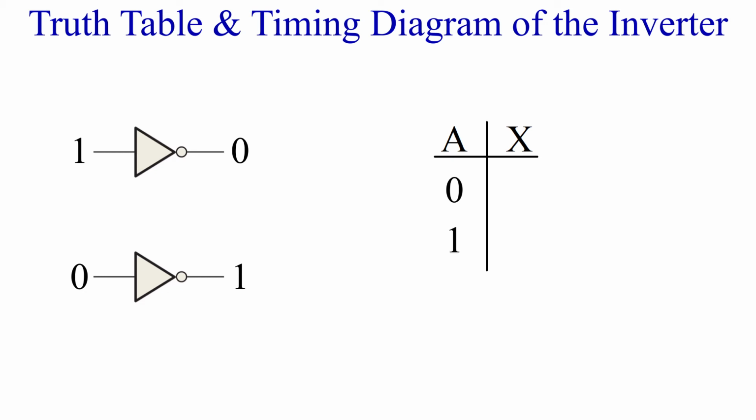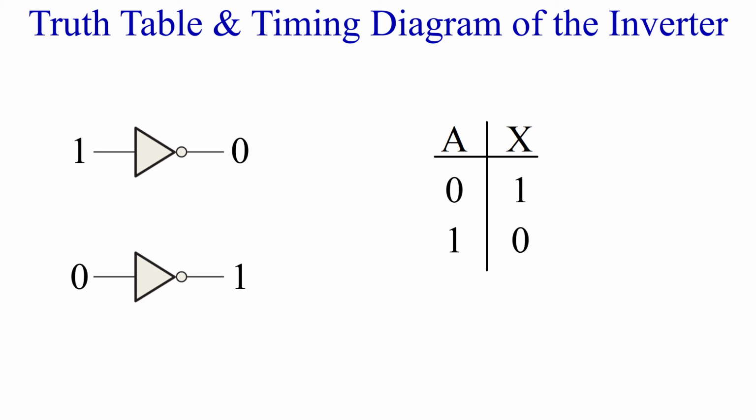Now we go to the output column. If the input is 0, then the output is 1, so we put a 1 in the X column. Next, if the input is 1, then the output is 0, so we put a 0 in the X column. And there we have the truth table for the NOT gate.